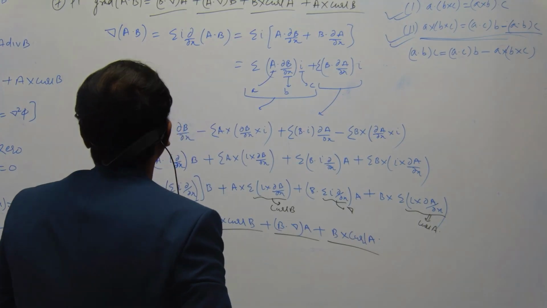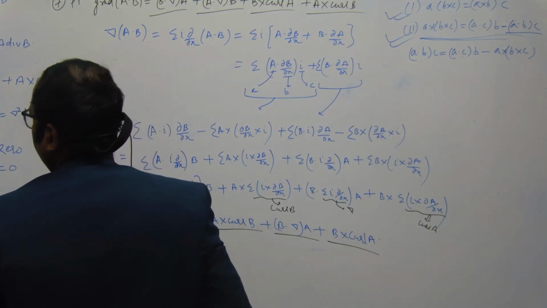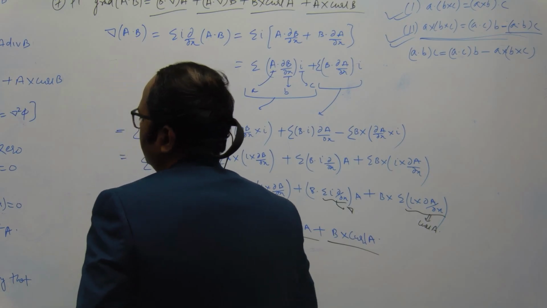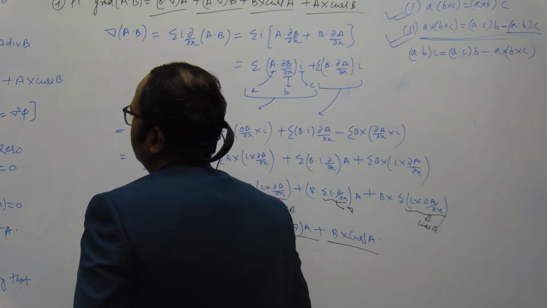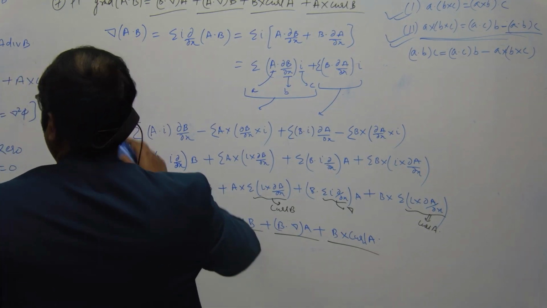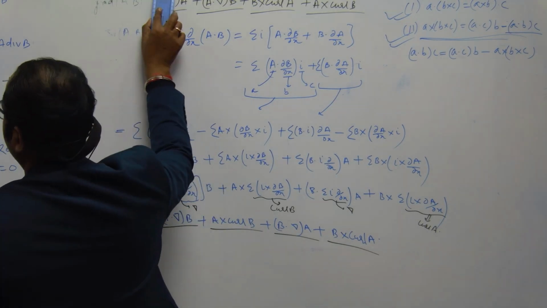Okay. Now let us discuss question number 8. We have to prove that divergence of gradient of phi is equal to del square phi.